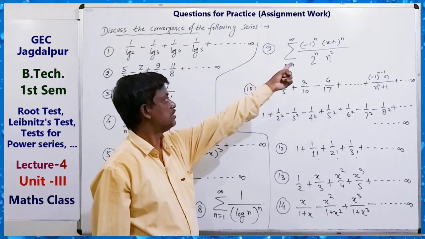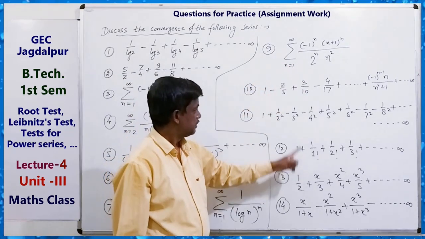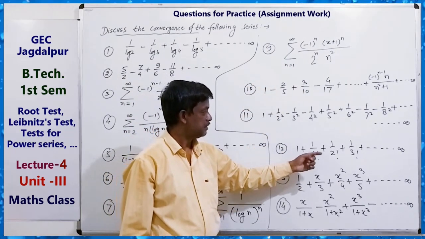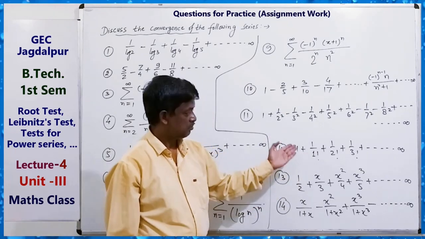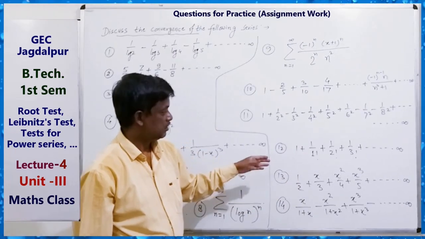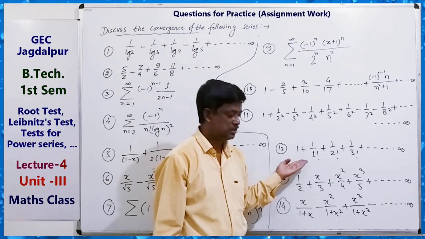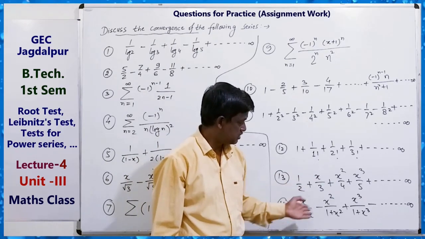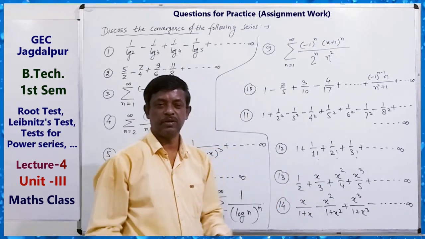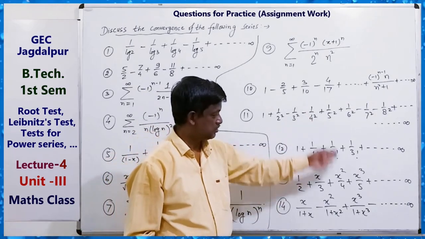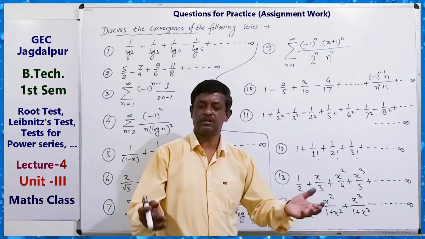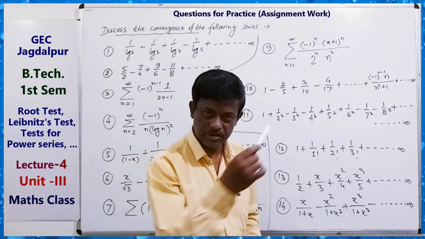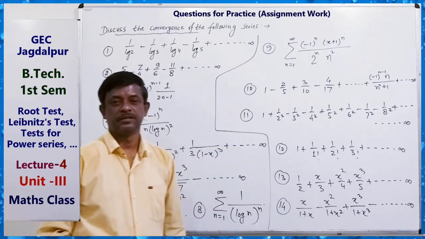This is also an alternating series. As a power series or also simple series you can use here. So for the power series, just identify the value of x for which the series is convergent. Just refer to the books and solve these questions. Okay.